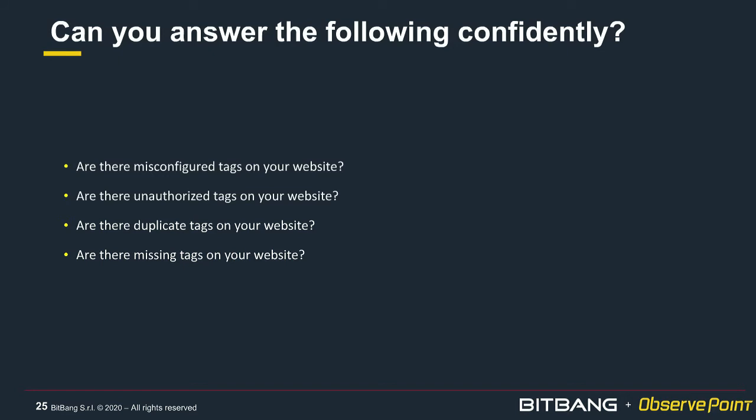And then are there missing tags on your website? That's the flip side of this whole tag presence angle. Missing tags are simply, are important pages not tagged? In my career as a digital analyst, the number of times we stumble across a page that actually doesn't have a tag, and also sadly, it's impossible to know that you have a missing tag in your reporting system because it's not in the reporting system.